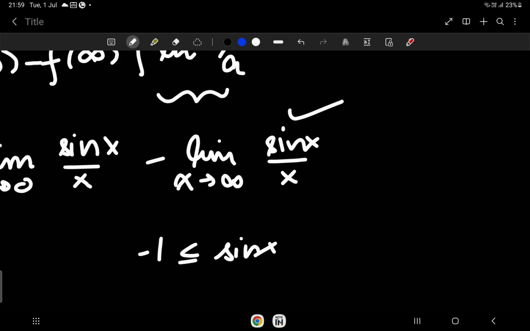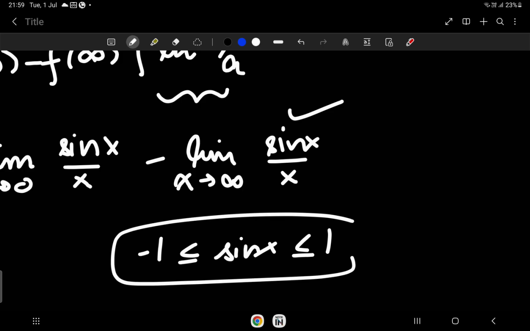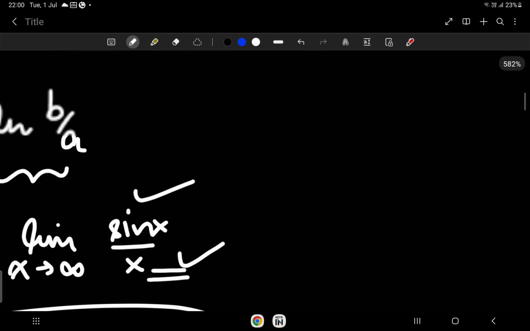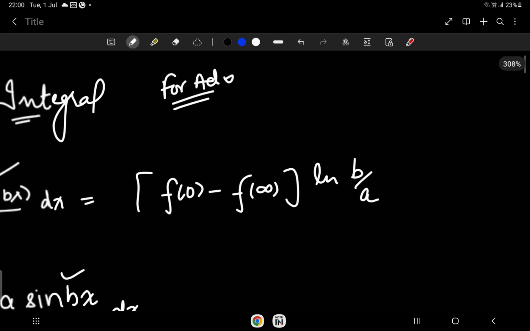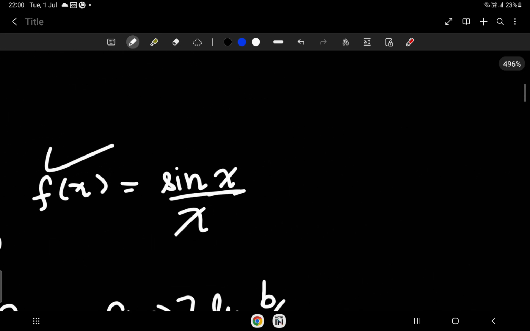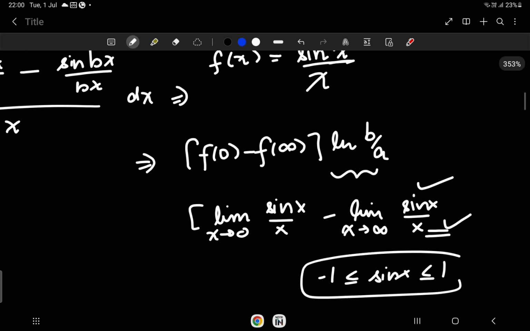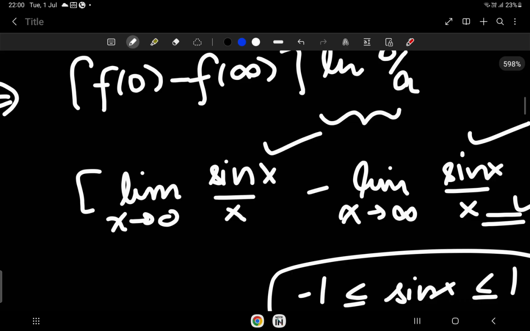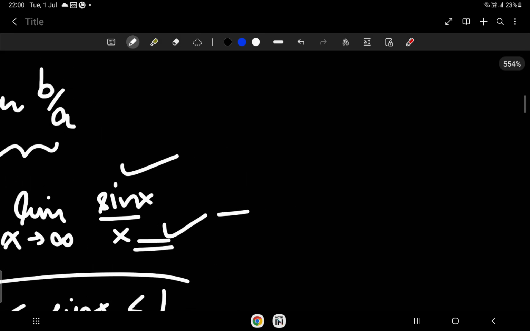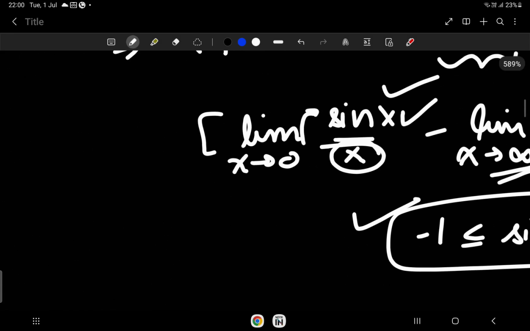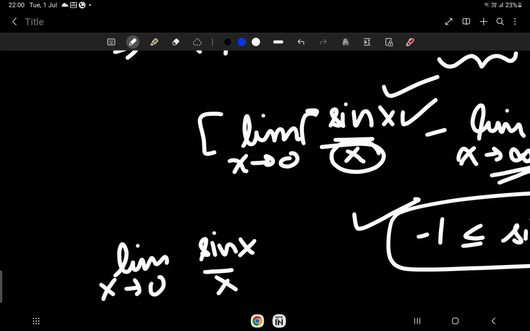When x tends to infinity, sine x is a bounded function with a definite range of -1 to 1, but x becomes infinity, so this term becomes 0. And we all know the limit as x tends to 0 of sine x by x equals 1.